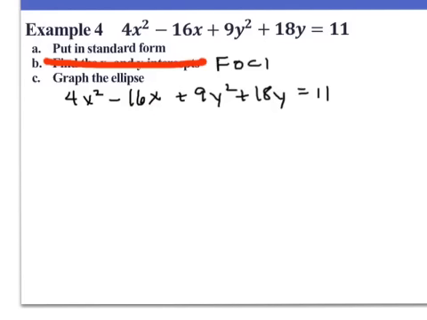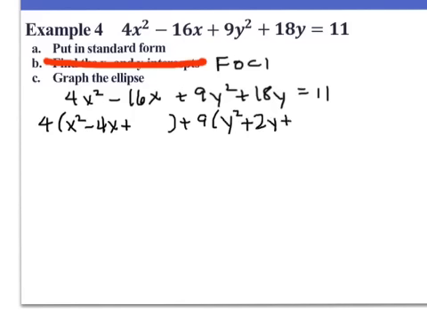You're going to factor out a 4 here, but you're going to factor out a 9 here. So we have 4 times x squared minus 4x plus, I'm going to leave a space, factor out a 9, y squared plus 2y plus, and we're going to leave space, 11.